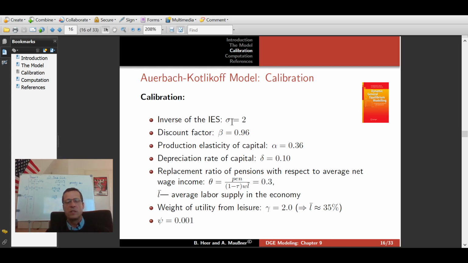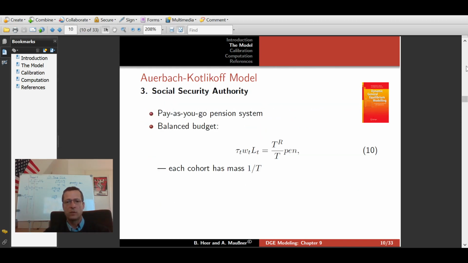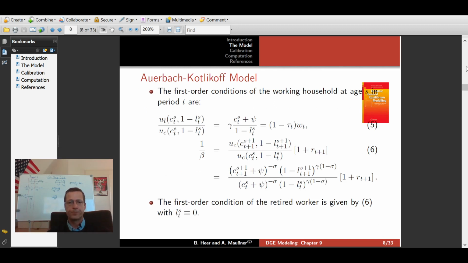We use a discount factor beta equal to 0.96, as we know it from the Ramsey model with annual periods. So take a look at the first order conditions, the Euler condition here in equation 6. In the steady state of the Ramsey model, the marginal utility from consumption is the same in all periods. So this first factor here drops out.